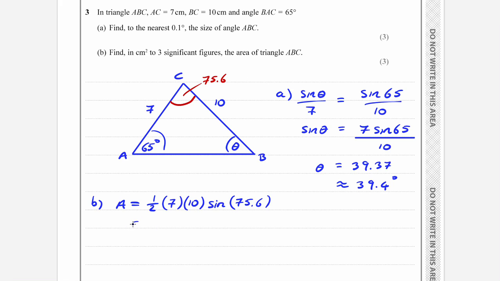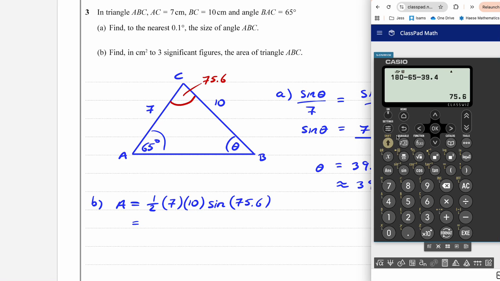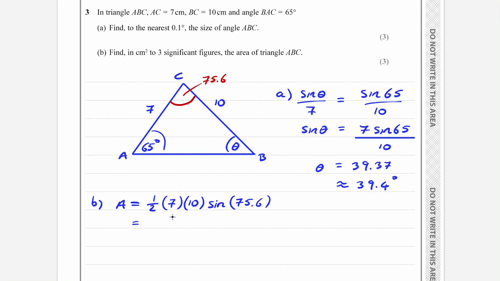That I will do on the calculator, guys. 0.5 times 7 times 10 times sine 75.6, close brackets, 33.9. So the area is 33.9 centimeters squared. Okay, so far so good.